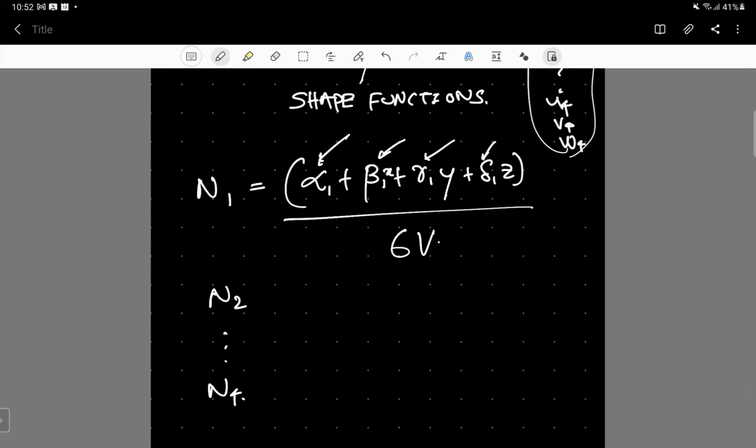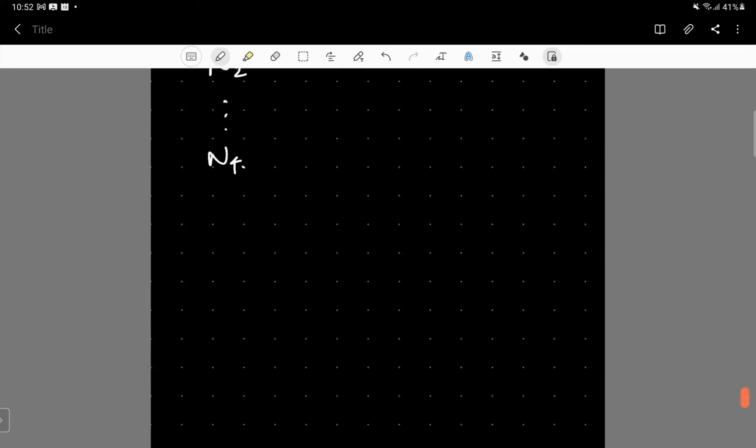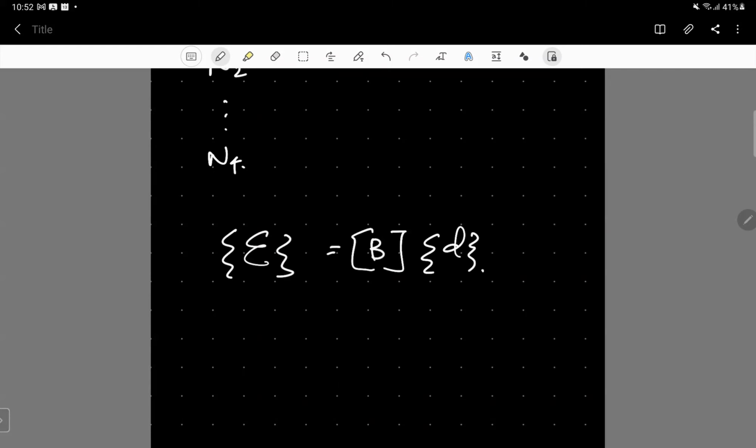So the next step, after we define the shape functions, is to define the stress-strain relationships. We know the strains are related to the displacements via the so-called B matrix, again a function of the nodal coordinates.